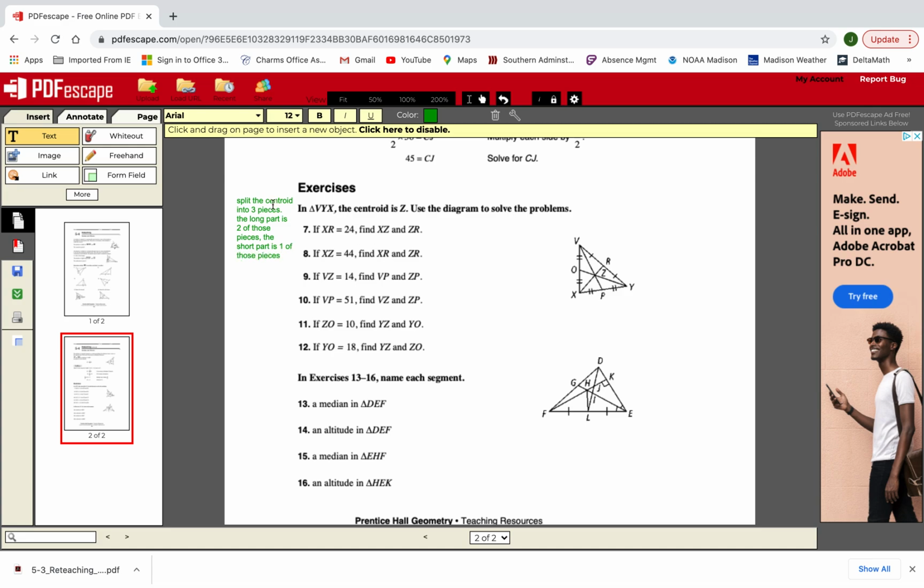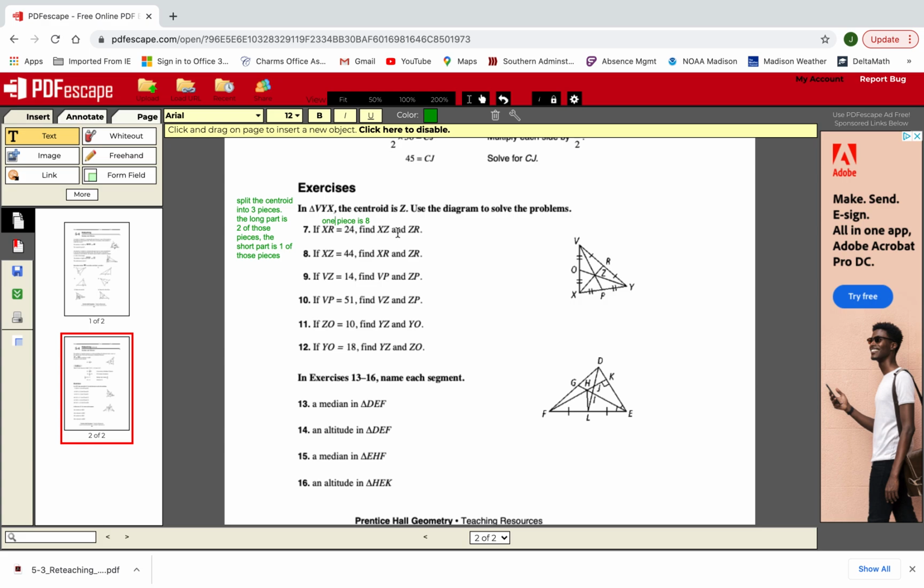Okay? So if I split the centroid into 3 pieces, well, if I split 24 into 3 pieces, then each piece is 8. So 1 piece is 8.